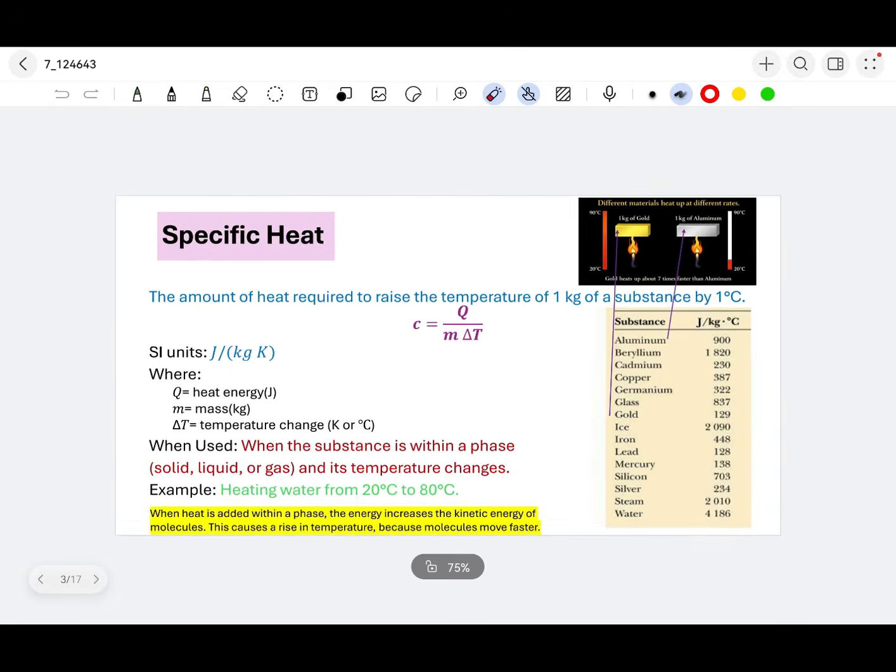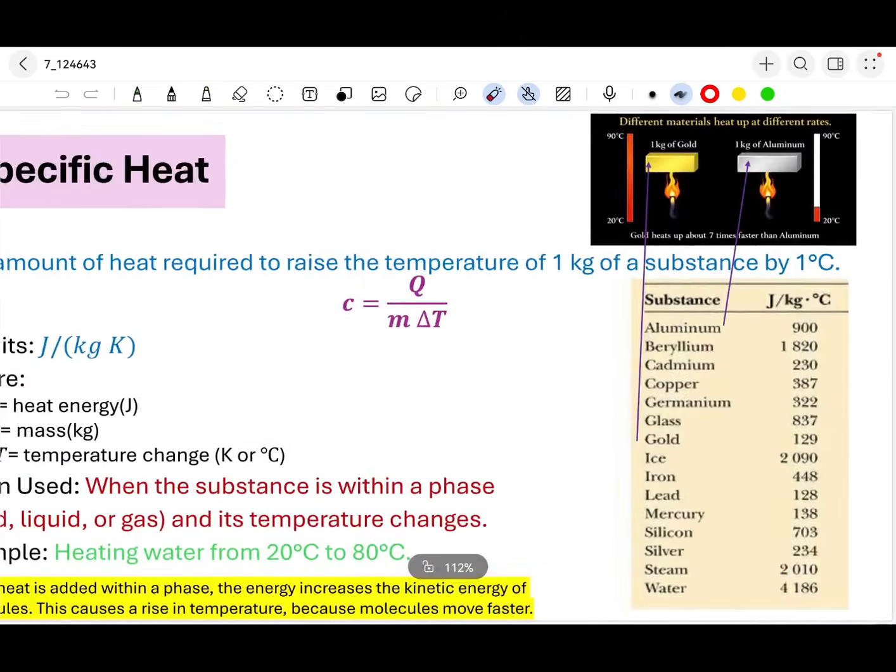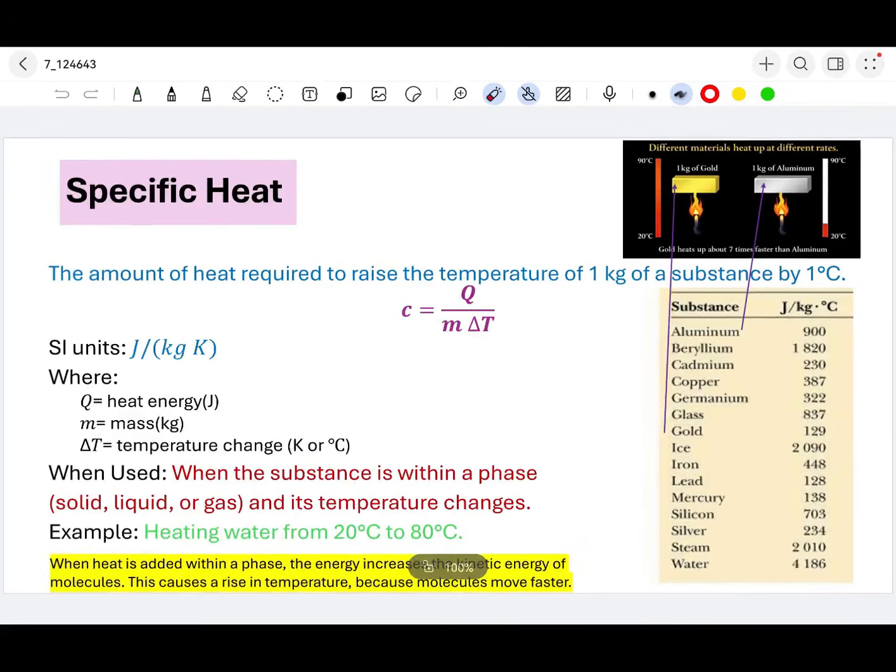Okay, so what is specific heat? It is the amount of heat energy required to rise the temperature of 1 kilogram of substance by 1 degree. Okay, only 1 kilogram of substance, 1 degree rise, whatever the heat energy required. That is the specific heat.